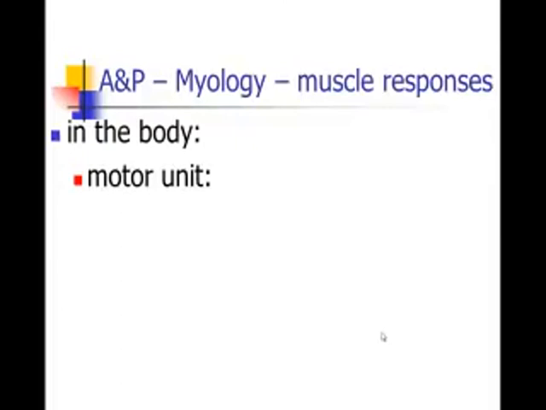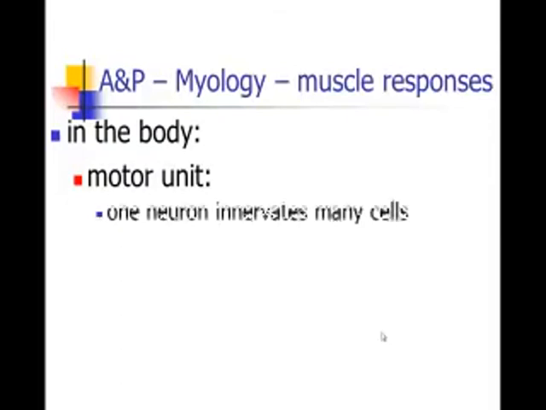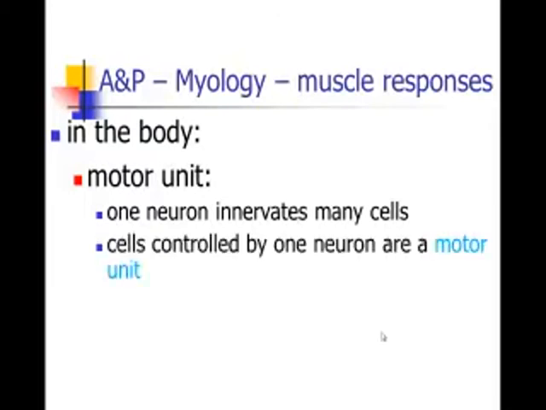So, a motor unit. Motor units are the muscle cells that are innervated by one nerve or neuron. And neurons can innervate varying numbers of cells depending upon how strong the muscle is.